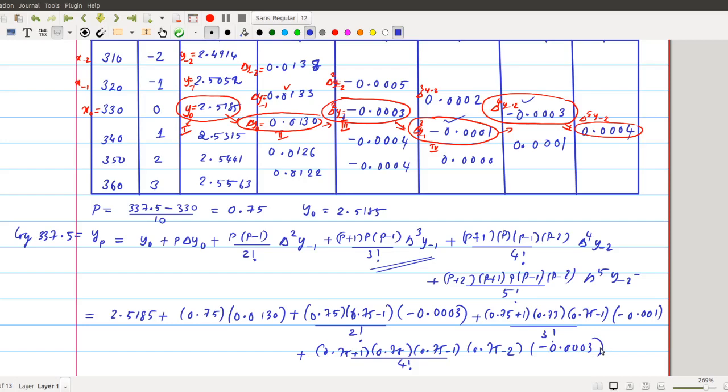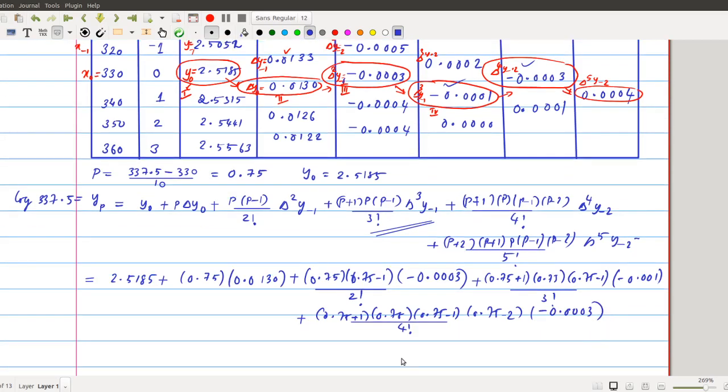Finally we have the sixth term, starting from p plus 2. What is p? 0.75 plus 2, 0.75 plus 1, then 0.75, then 0.75 minus 1, 0.75 minus 2 divided by 5 factorial into delta raised to 5 y minus 2, which is 0.0004.